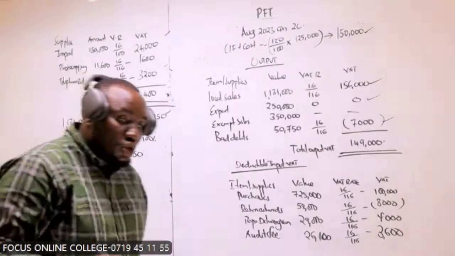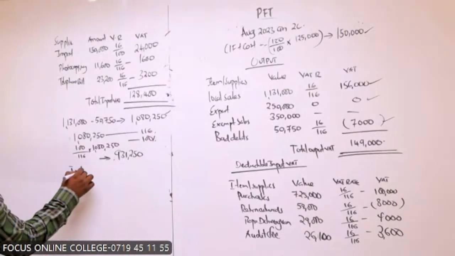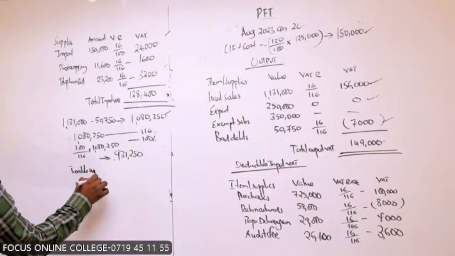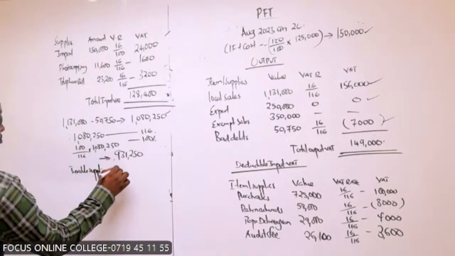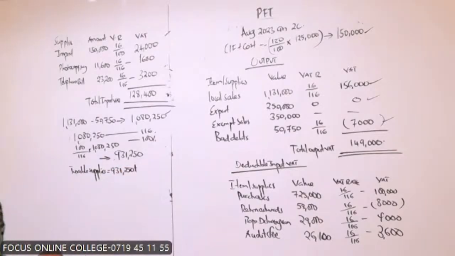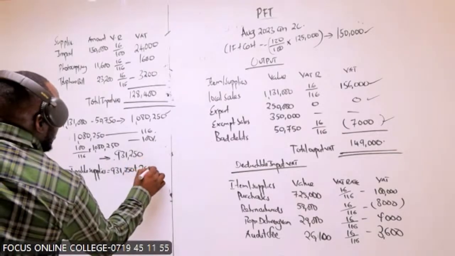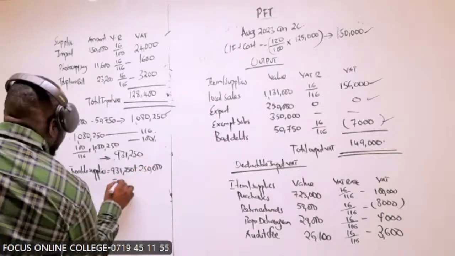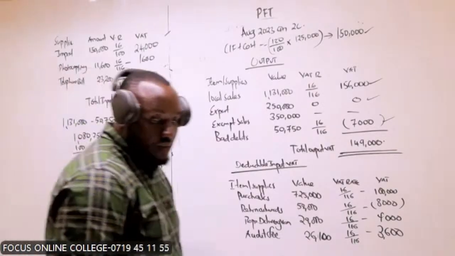So I want us to get the taxable supplies. Taxable plus zero rated was how much? 250. So what is the taxable supplies? 931 to 50 plus 250.